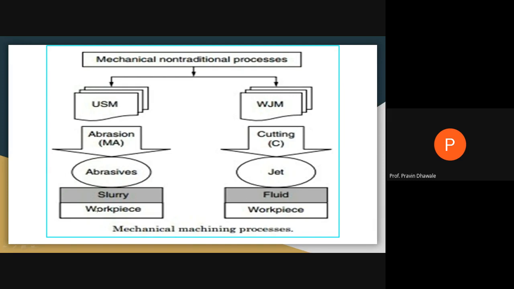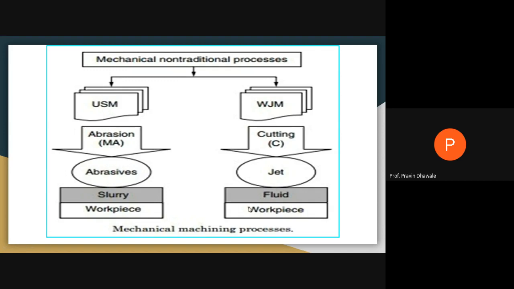So whatever material is to be removed from the workpiece is removed because of the action of erosion, and that erosion action is carried out by the abrasive particles in case of ultrasonic machining. If we are considering water jet machining, no doubt we have to remove the material from the workpiece.